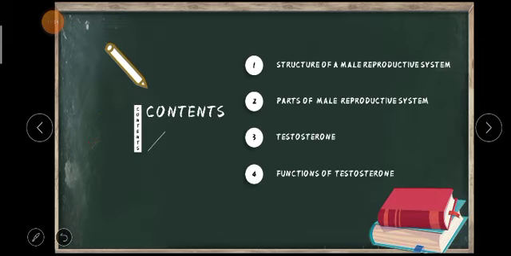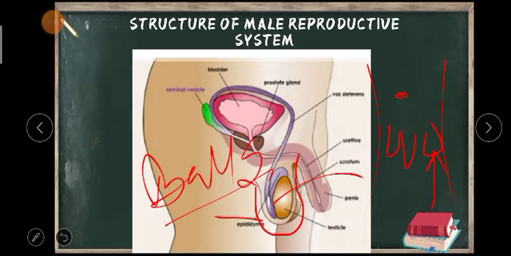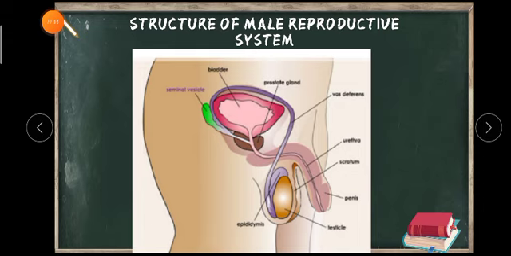If you see here in this diagram, you can clearly see that these scrotal sacs are outside the body, not inside, and inside them the testes are present. If you call one testis, it becomes a testicle, and inside the testes sperms are produced. The sperms need a very low temperature for their production.